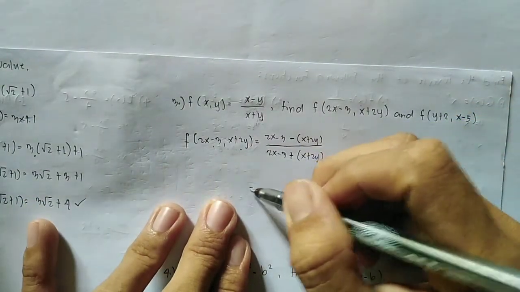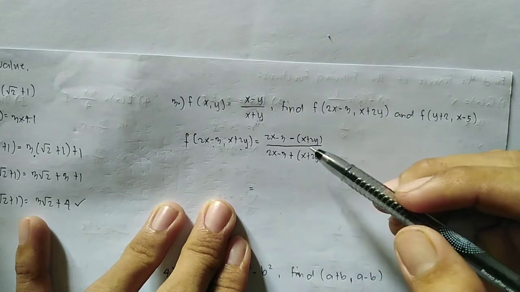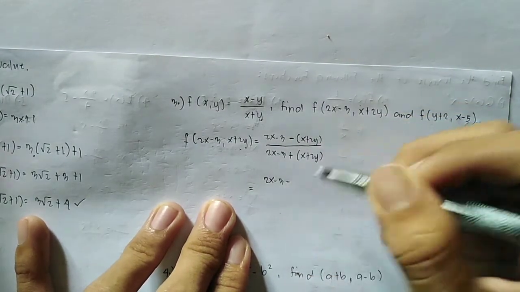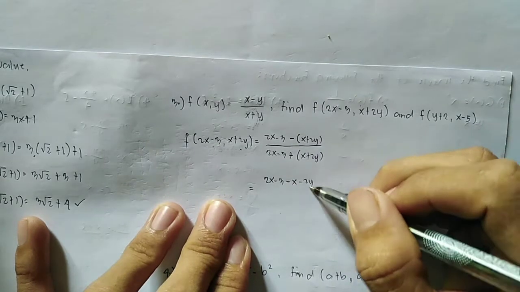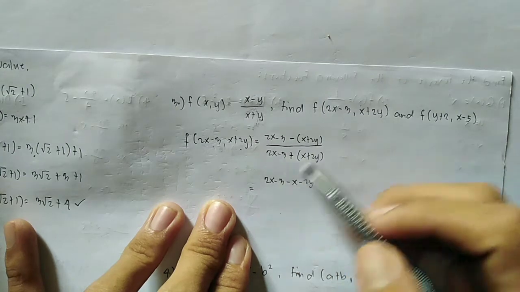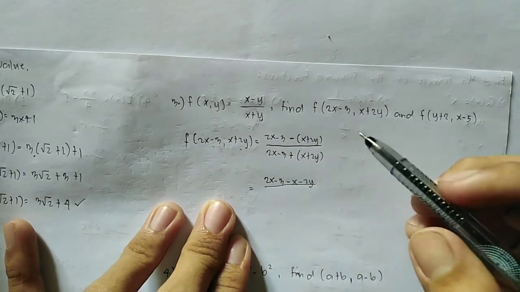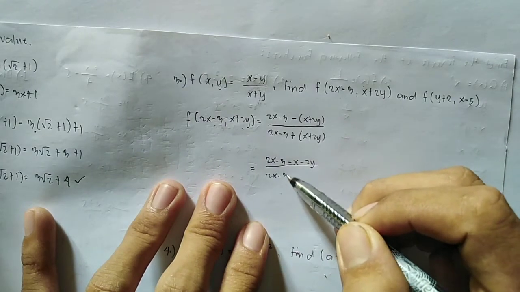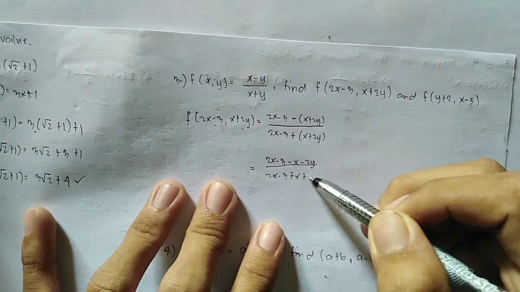Then simplify further. So we have 2x minus 3 minus x minus 2y. Just simply distribute the negative sign to the expression x plus 2y. Then for the denominator, we have 2x minus 3 plus x plus 2y.